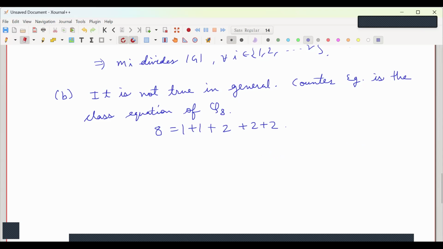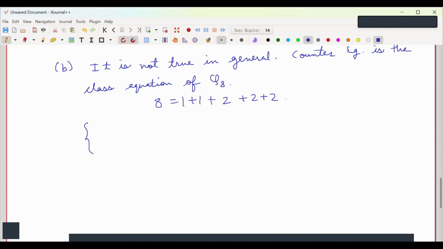And here you can see the number of conjugacy classes is 5, which does not divide 8.